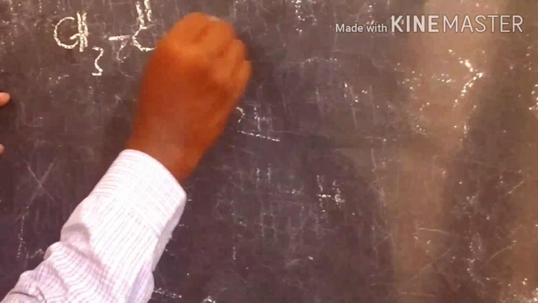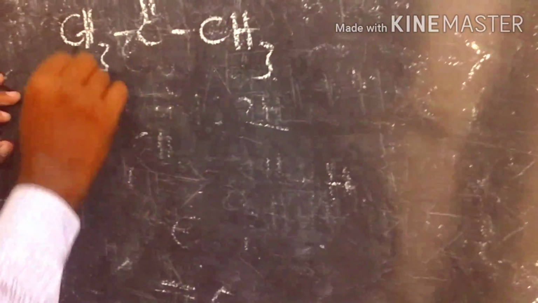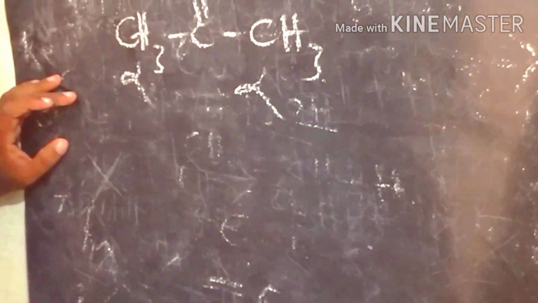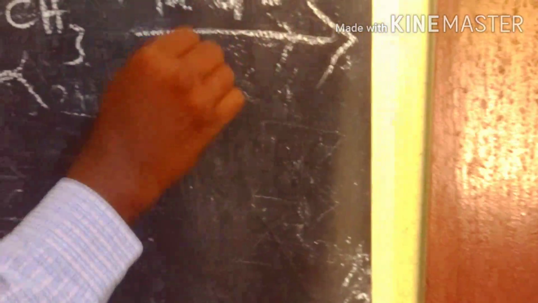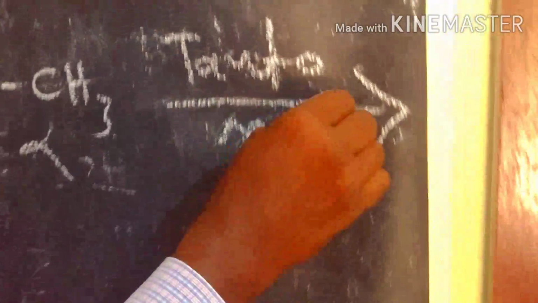For example, acetone, a simple example, also shows the enolic form. We have 2 alpha hydrogens present in acetone, so in tautomerism they show the enolic form.